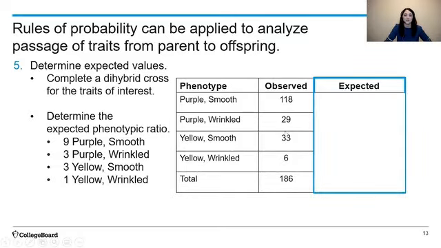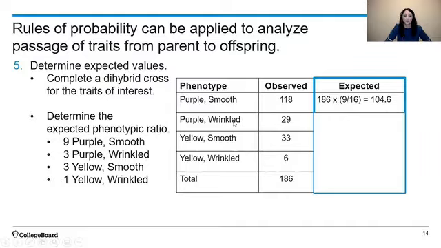My observed values, if you total them up, added up to 186. For my expected values, out of 186, I would expect 9 out of 16 of those to be purple smooth. So I'm going to multiply 186 by 9/16, and I would get 104.6. It's okay to have 0.6 of a seed in an expected value because it's not something you actually observed.